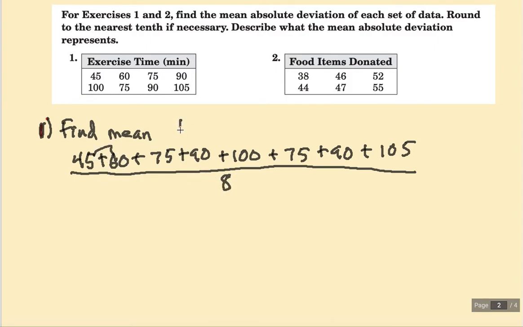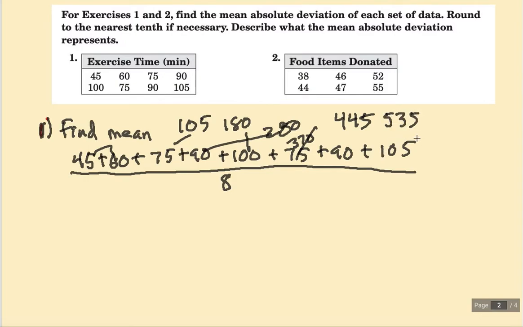I get 105, 180, 280, 370, then 445 right here, then 535, and then plus 105 you get 640. So we have 640 divided by 8, which is great. If we divide that by 8, we get 80. That worked out kind of nice. Some of these do not work out nice.